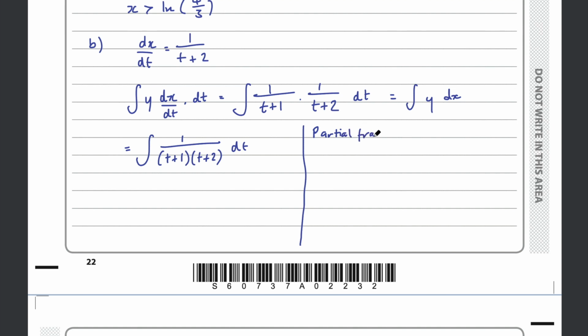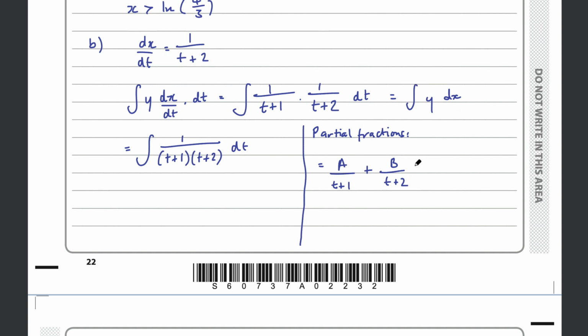So in order to split this into two fractions, something over t plus 1 plus something over t plus 2, that's going to make our lives a lot easier. So we can write this as a over t plus 1 plus b over t plus 2. And this is another difficult step. Partial fractions are sometimes quite difficult to figure out. So along with this first step of figuring out the integral of y dx, we also have the partial fractions.